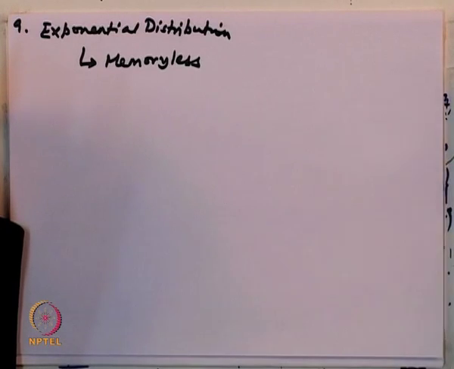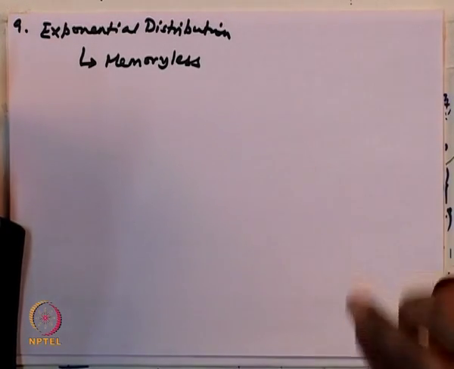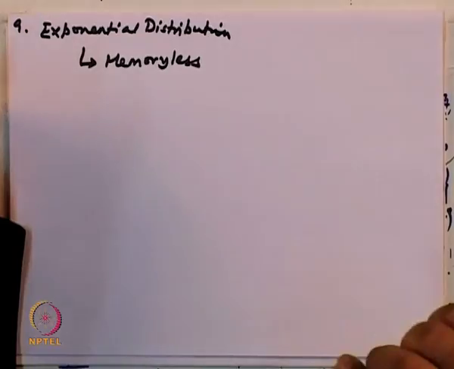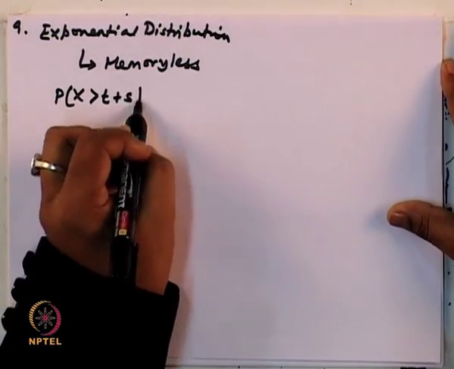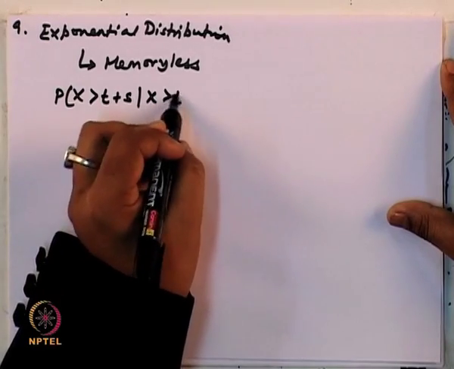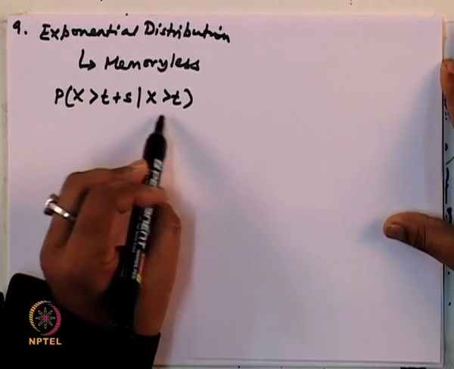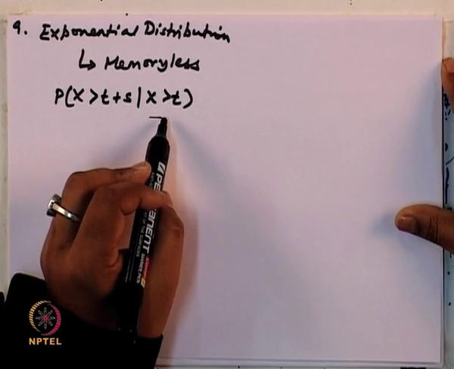We would typically expect that if we know that the battery was operating okay as of today, how much longer it will last will depend on how long it has been operating. However, in the case of a memoryless distribution, you can write the probability that the lifetime X is greater than t plus s, given X is greater than t. In other words, it has lasted at least t amount of time.